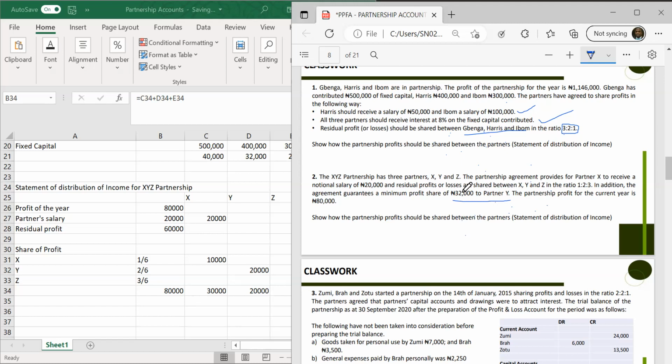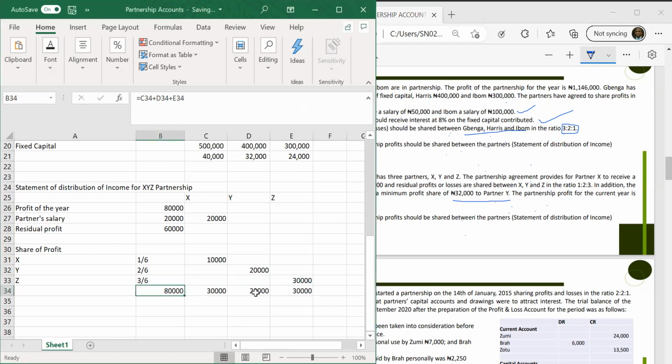Minimum 32,000. How much did partner Y get here? 20,000. Can somebody tell me how we will proceed?